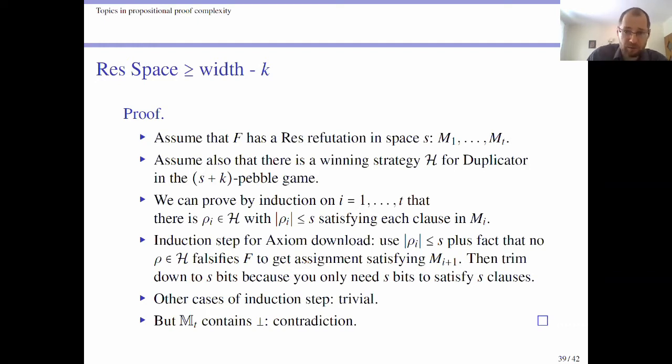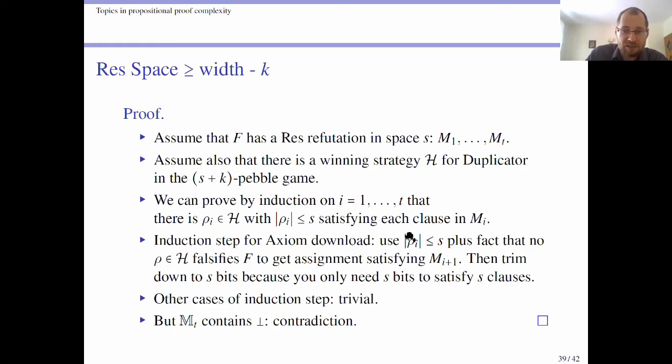And in the case of axiom download, we use the property that our current assignment has size at most S. So we have a buffer of K until we reach the maximal size of assignments that the duplicator has. So that means the duplicator can extend this assignment to set every variable appearing in this clause of F that we have downloaded, because there are just K variables in it.